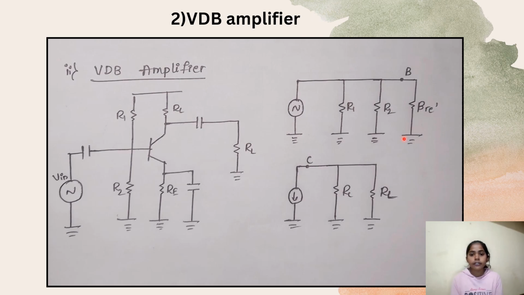This is the AC equivalent circuit for the VDB amplifier. Here V in, R1, R2, beta re dash is the input, and the collector current, collector resistance, and load resistance are the output. This is the AC equivalent circuit using the hybrid pi model.